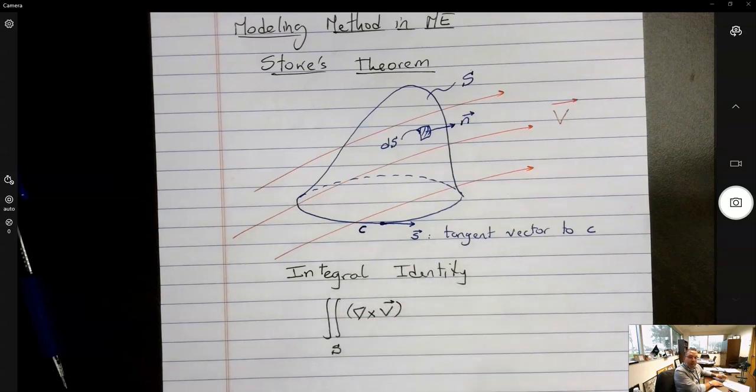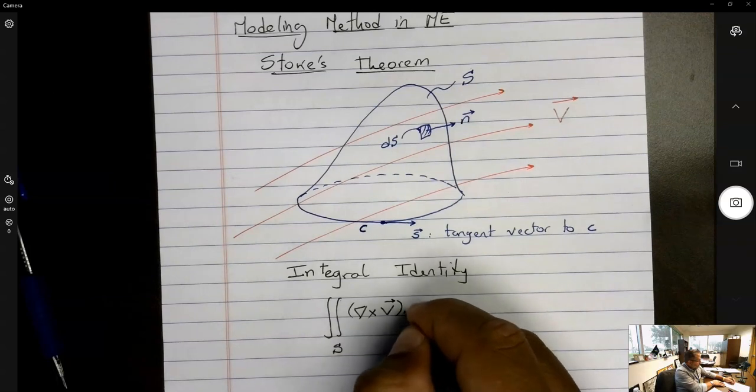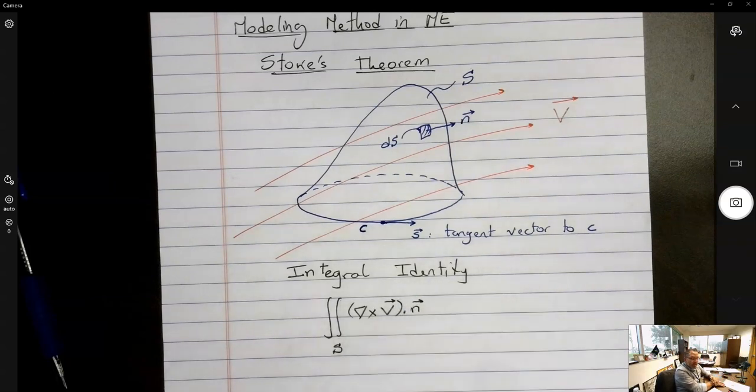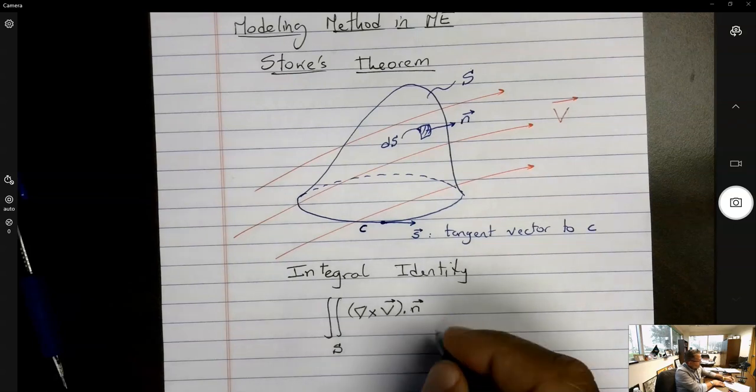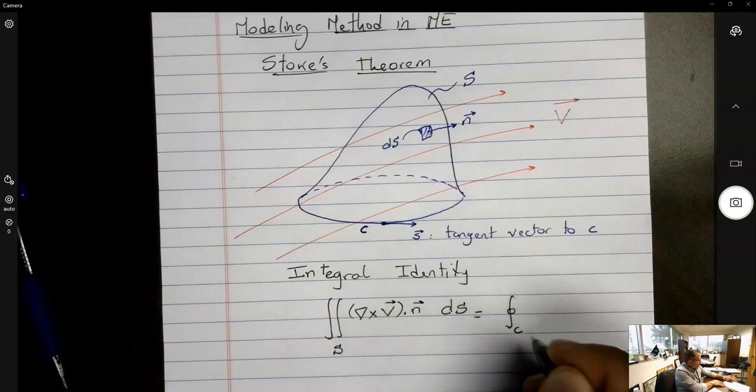So that is the underlying vector operation on the field, dotted into the normal vector, differential of surface, equals the closed line integral.